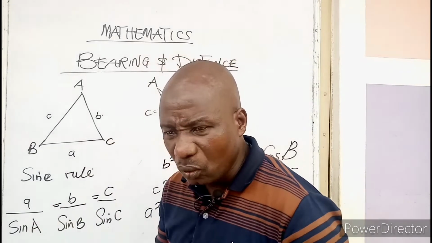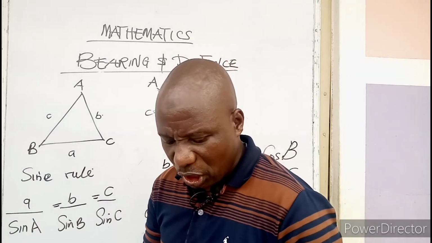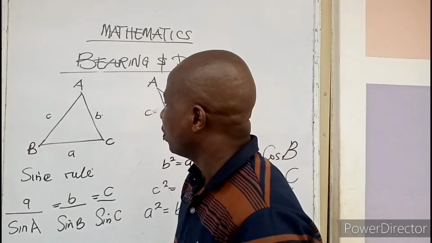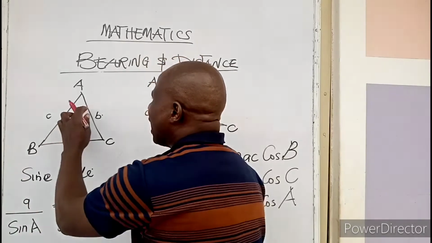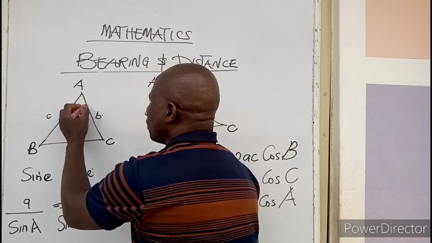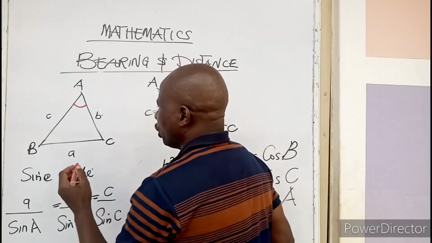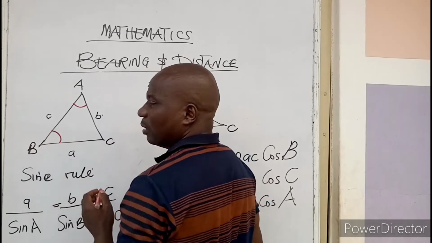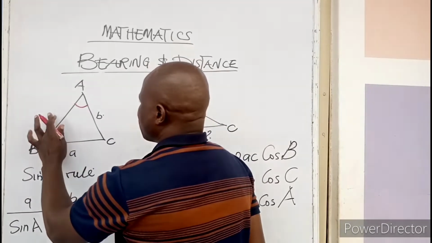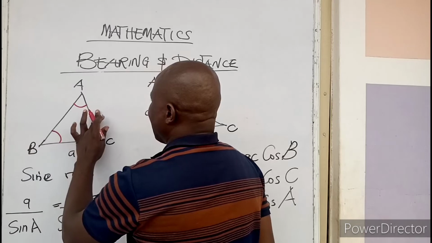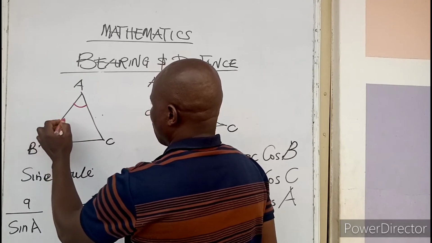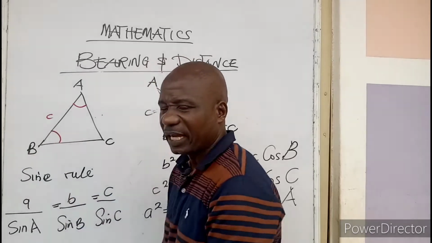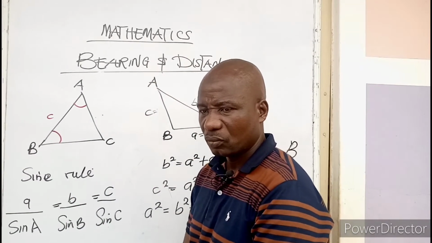Now, sine rule is used if we have two angles. We have this angle given and we have this angle given. Of course, you can be given any side. Let's say I'm given this side. I can use sine rule.